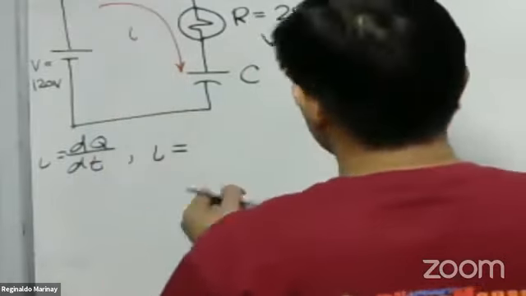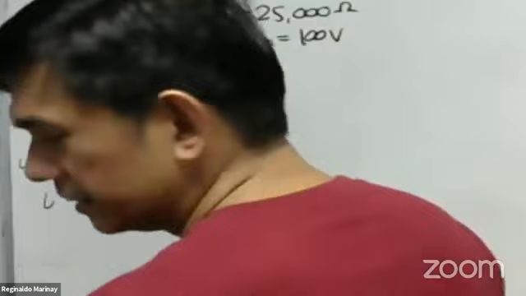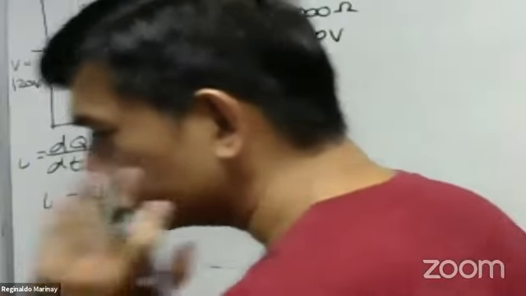Let us calculate, guys, what is the value. What is V sub M? 100. Then over 25,000. Okay. What is the answer here? 100 over 25,000.